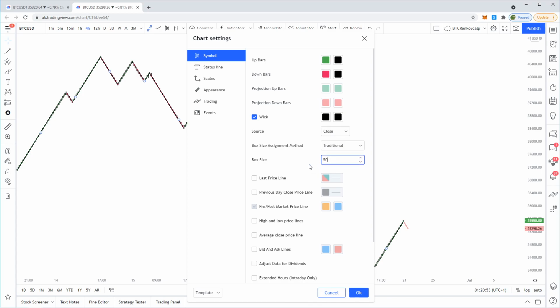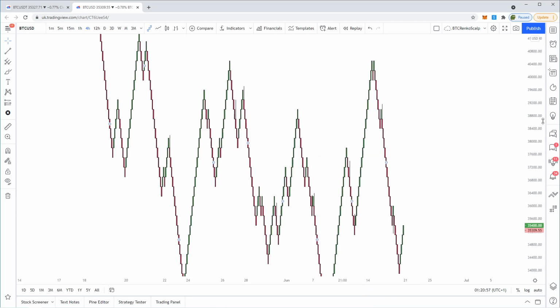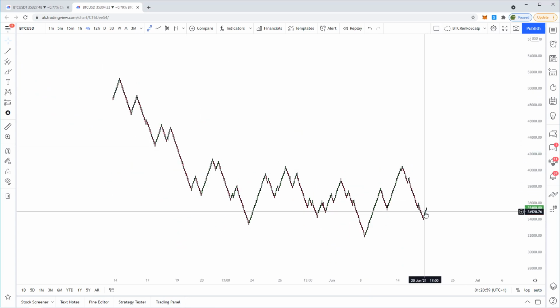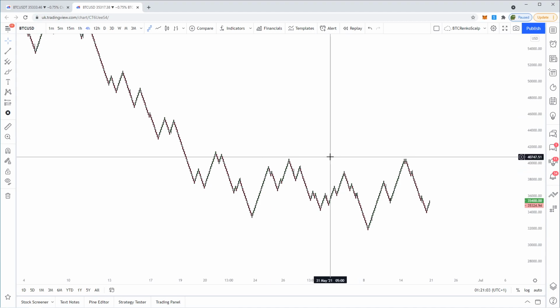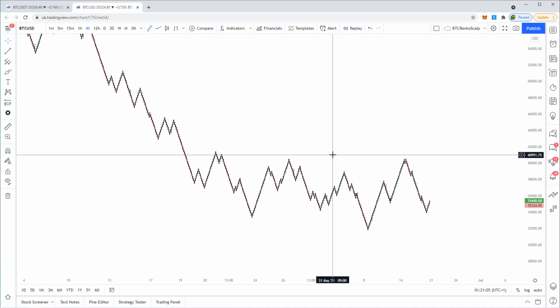If I want to zoom things out a little, I decide, well, actually 300 is a nice number for me. Now I can see every $300 price movement. So what traditional is doing is giving you a better view of the price action. Because it's allowing you to dive deeper, it's allowing you to customize that number, and it's allowing you to find a setting that you think works for you.